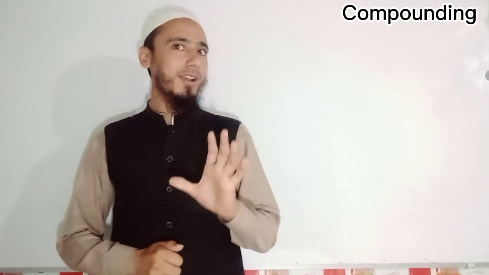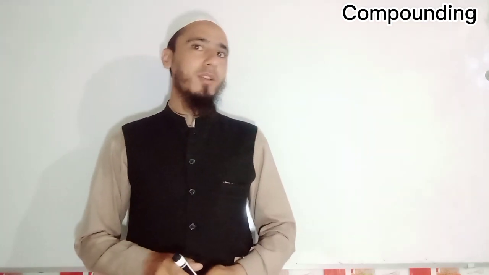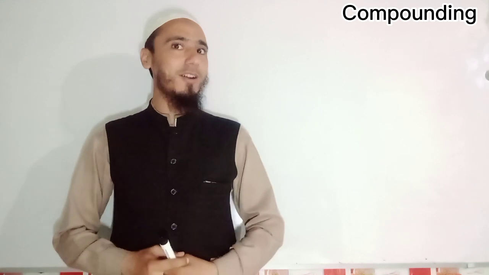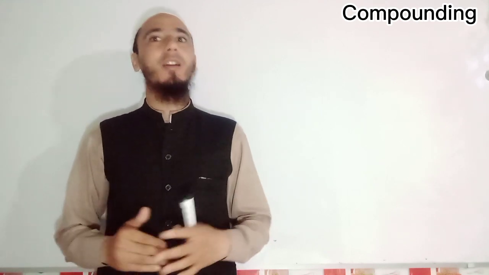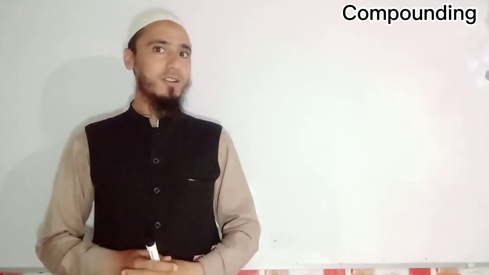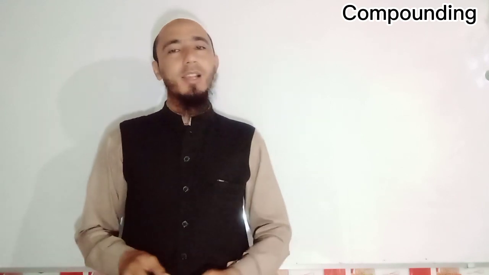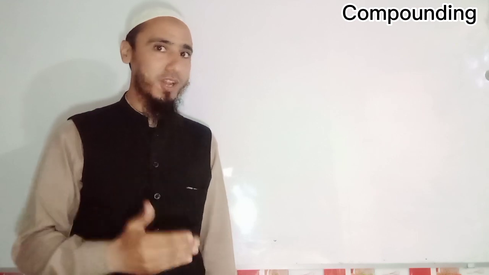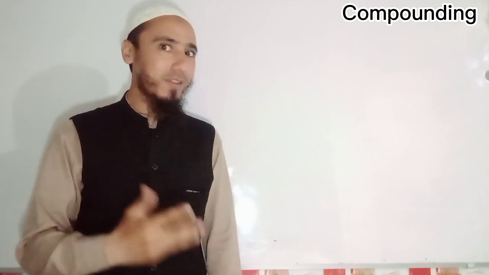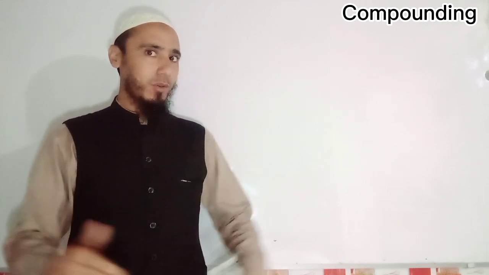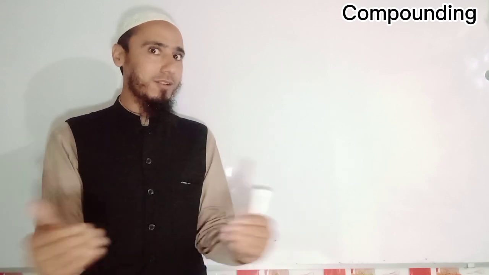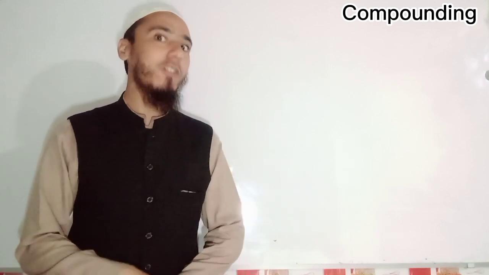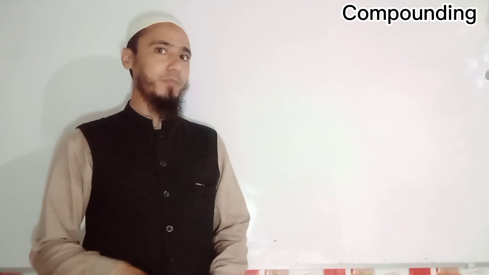First of all, let me tell you about the examples of compound, then we will come to the three types of compounds. Listeners and audience, as I told you, compound is the combination of two or more than two words which are combined to form new words.